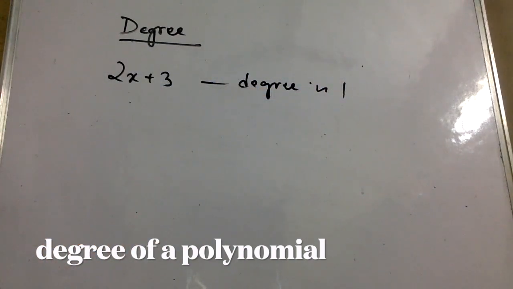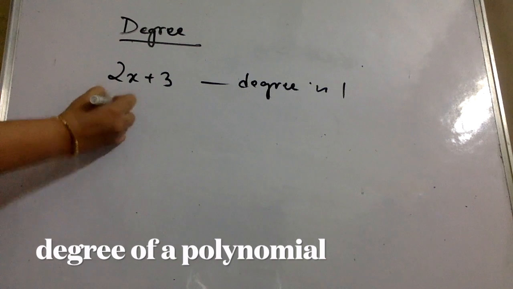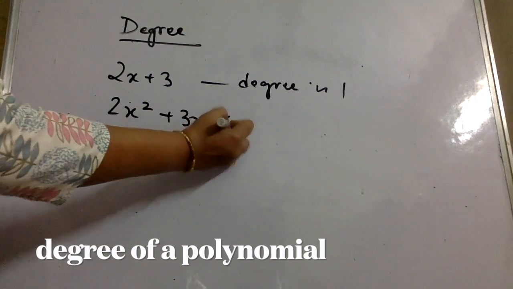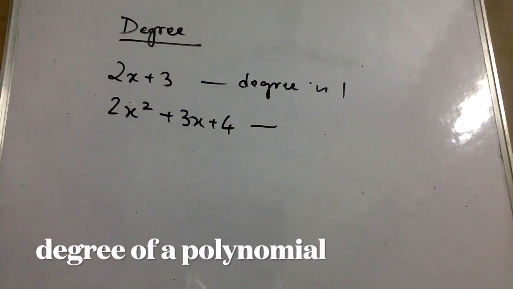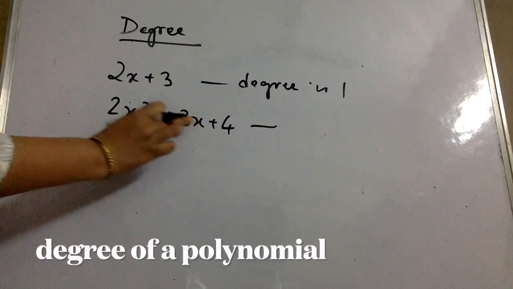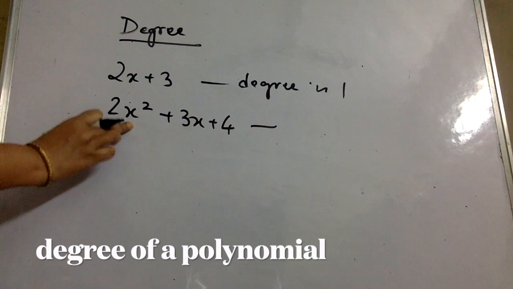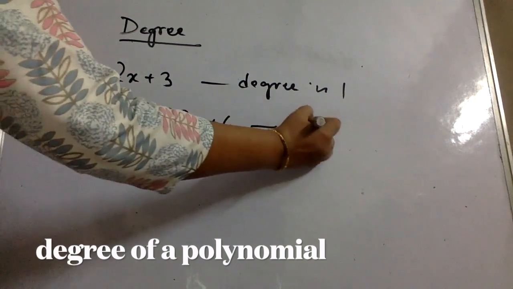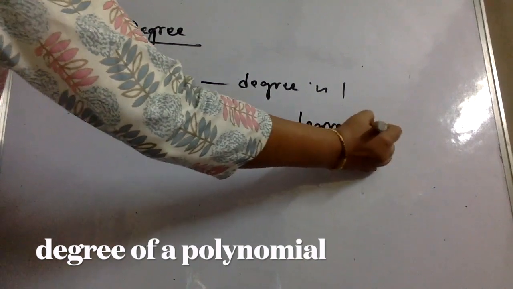Then let me change it a little bit: plus 3x plus 4. Now the variable has been used here, and also here, but the highest power of x is 2. Therefore the degree is 2.